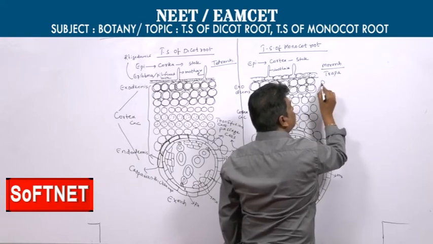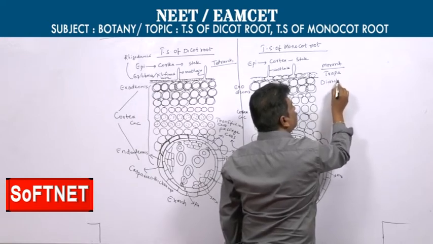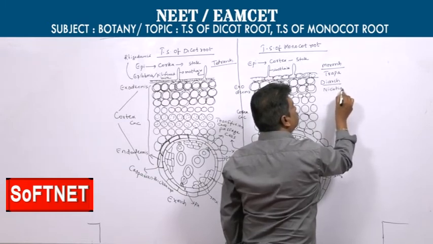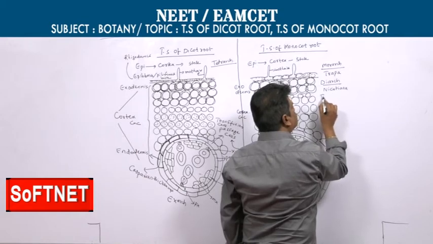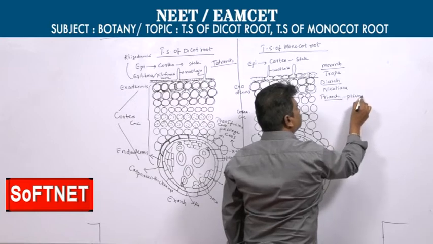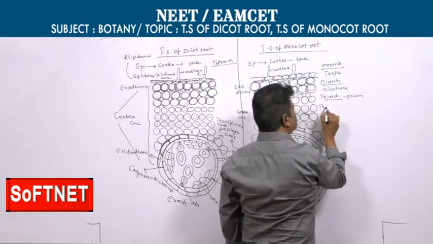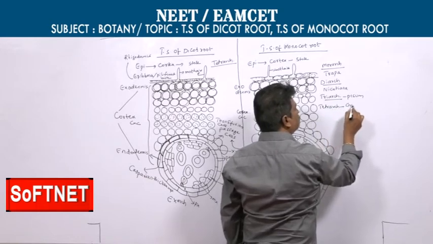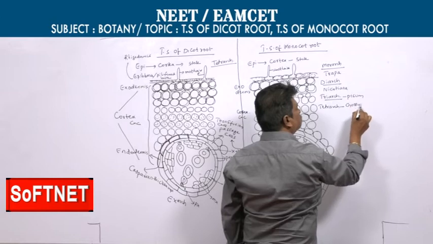Example, Trapa. Diarch, 2 vascular bundles, example Nicotiana. Triarch, 3 vascular bundles, example Pisum. Tetrarch, 4 vascular bundles, example Gossypium, cotton.